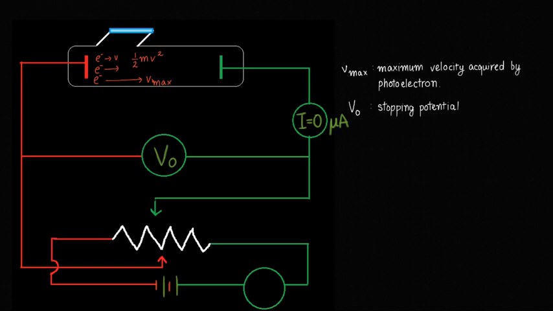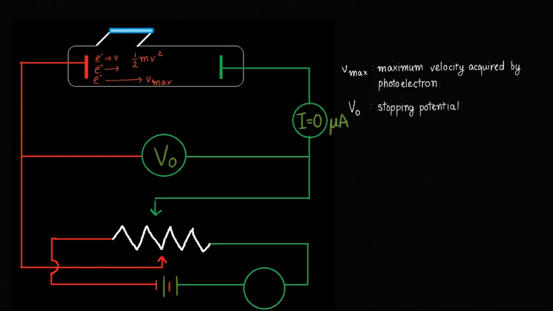Any moving particle with velocity v acquires some energy, known as kinetic energy, and the formula is half m v square, where m is the mass of the electron and v is the velocity with which it is moving.